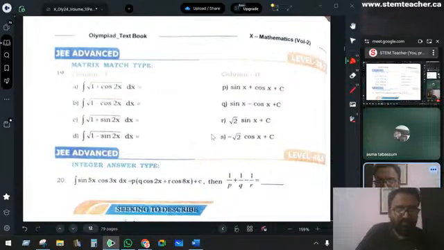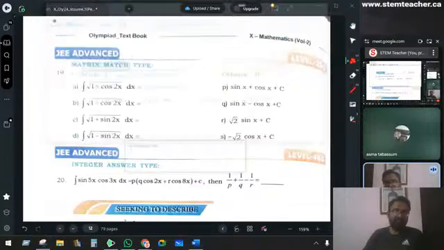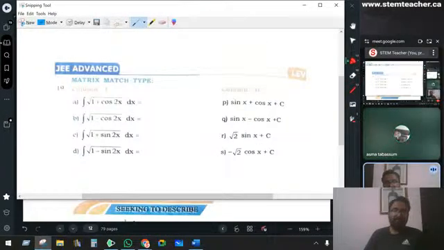Okay. So now, very good. Matrix matching. Let's take this question in my notebook. Level 2 and 3 problems.